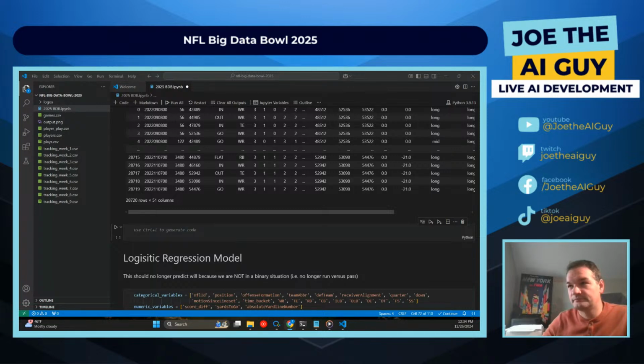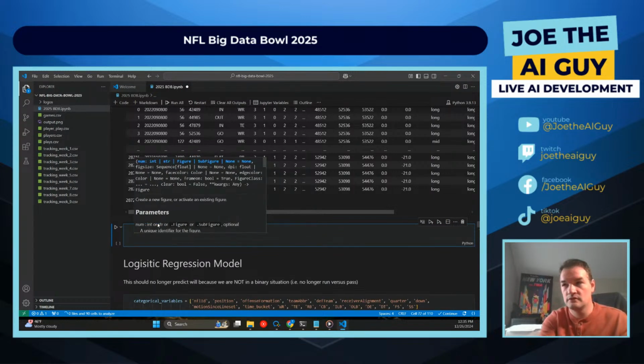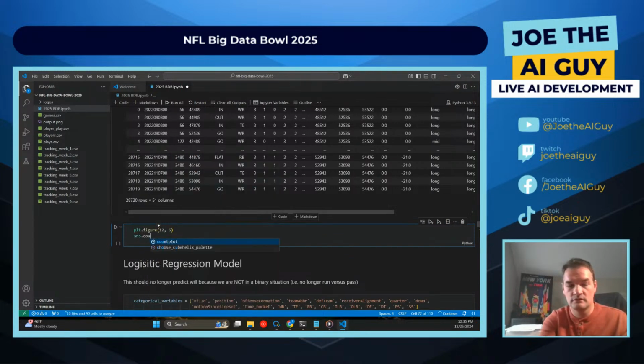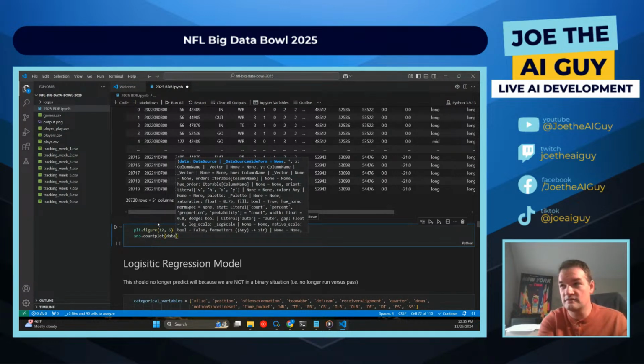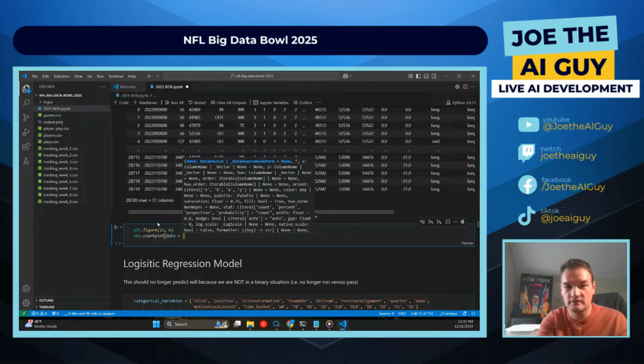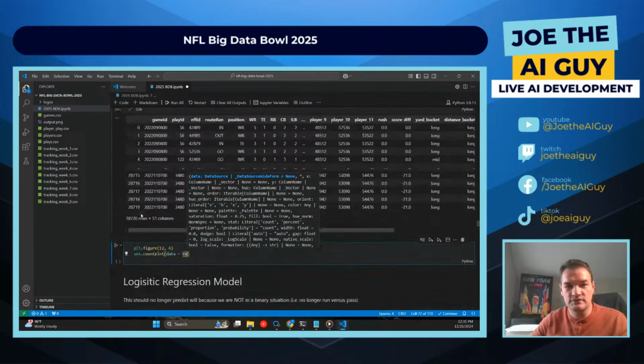So let's do this. Let's create a figure, 12 by 6. And the idea here is that I can take the receiver data.